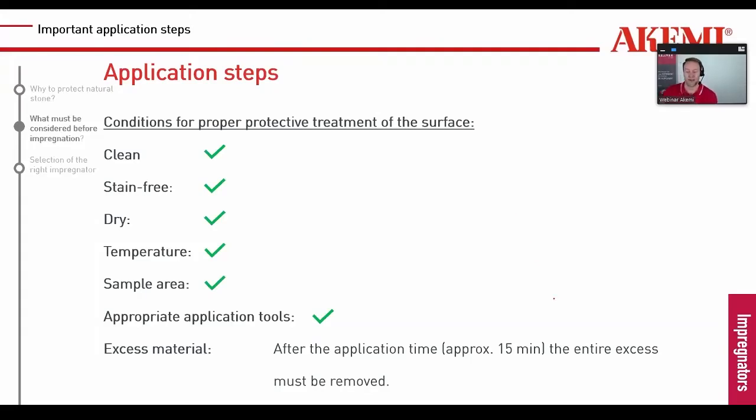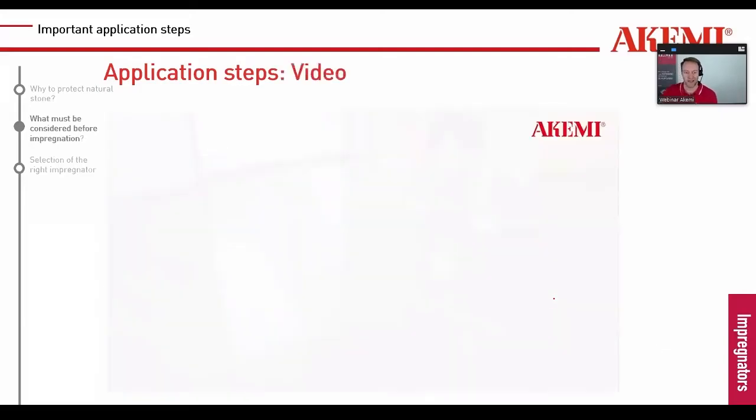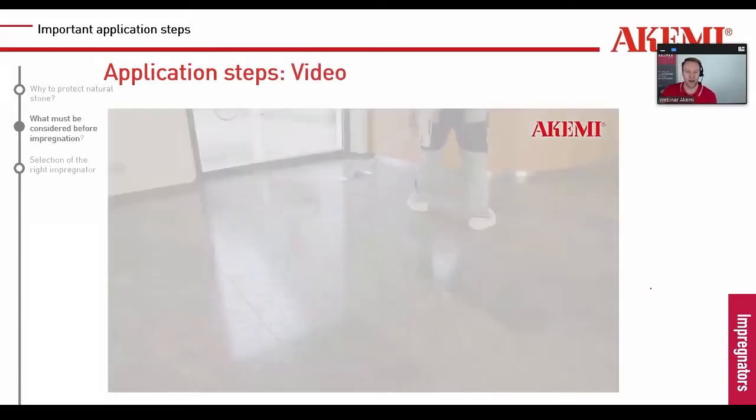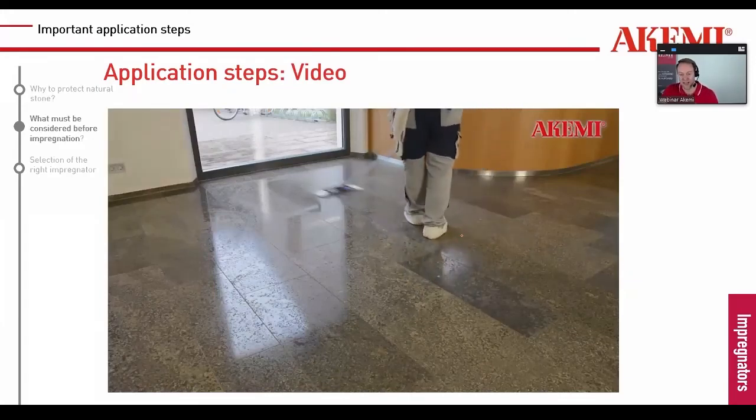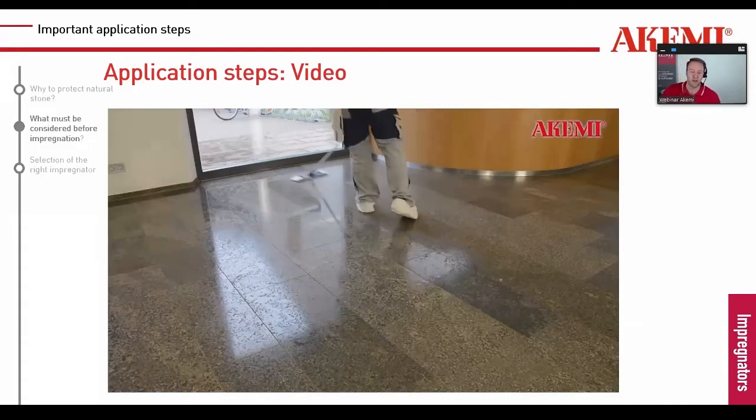And how to do that? On a big area, you can do that like this, again with a mop. In this case, a more absorbent cotton mop, and you can see how he takes off the excess of the sealer.